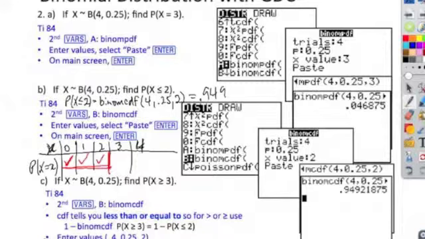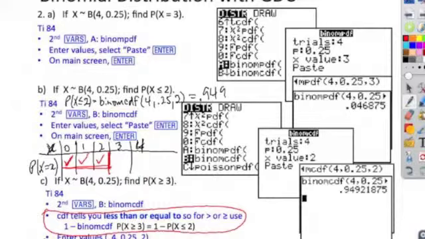The way we're going to do it, and it's shown right here in the note, is we're going to let the calculator add the probabilities 0, 1, and 2, and using our knowledge that the probabilities from 0 to 4 have to add up to 1, we're going to take the sum from 0 to 2 and subtract it from 1, and that will leave just the sum of 3 and 4.